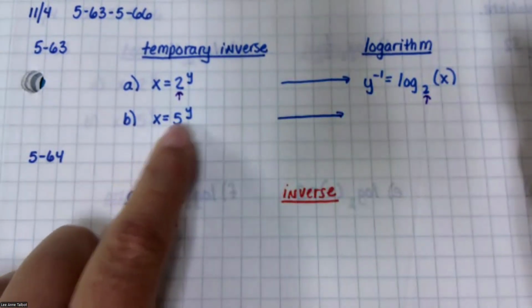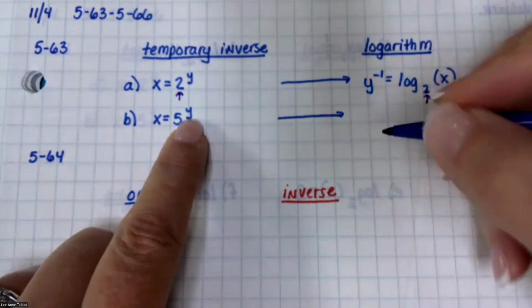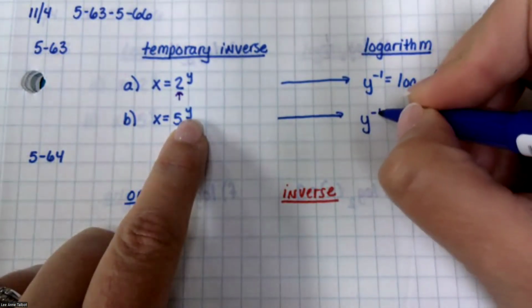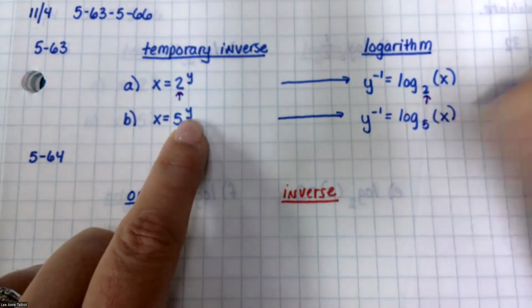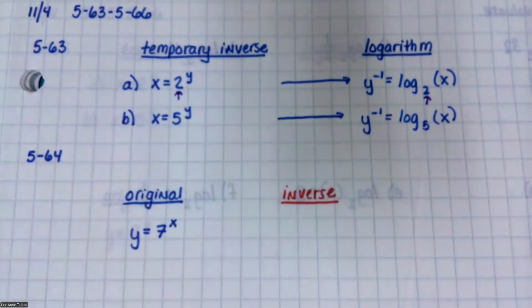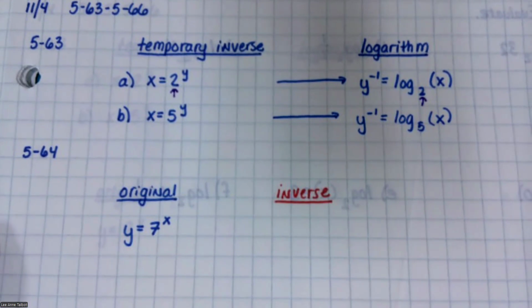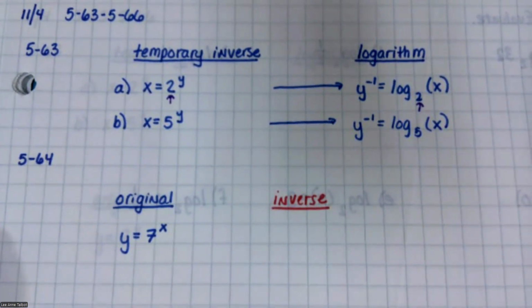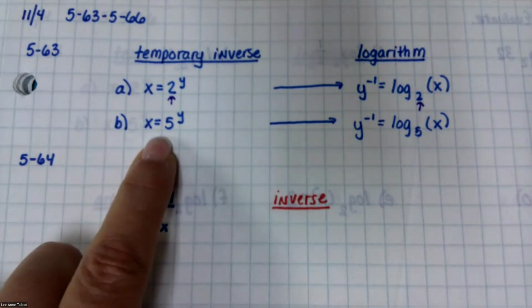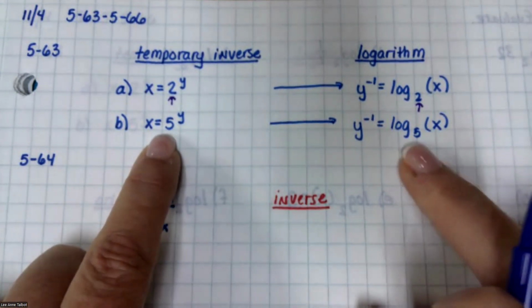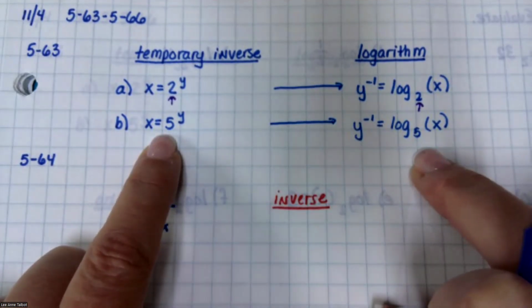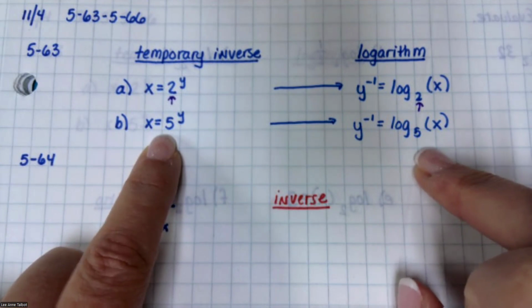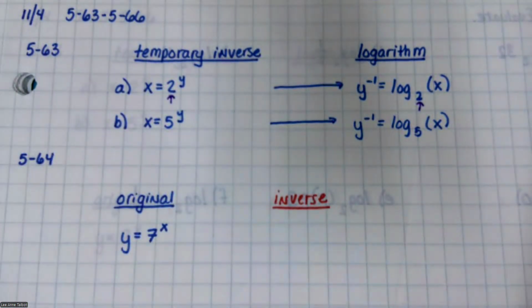Okay, x equals 5 to the y is equivalent to y inverse equals log base 5 of x. So I'm going to say this a lot of times. The base of the exponent is the base of the log. If you can remember that, you can do the conversion easily.